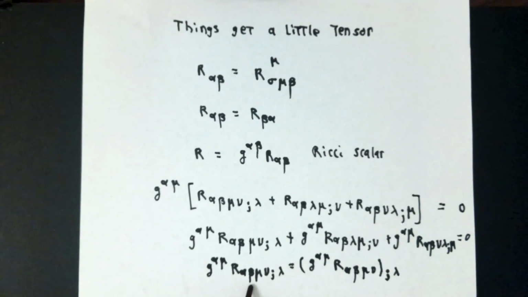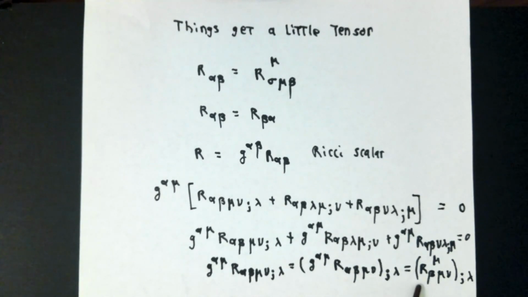This quantity and this quantity are always the same thing. Using our raise and lower tensor index idea, though, G alpha mu, R alpha beta mu nu is the same as the mu upstairs, beta mu nu downstairs component of the curvature tensor, then take covariant derivative of that with respect to x number lambda.